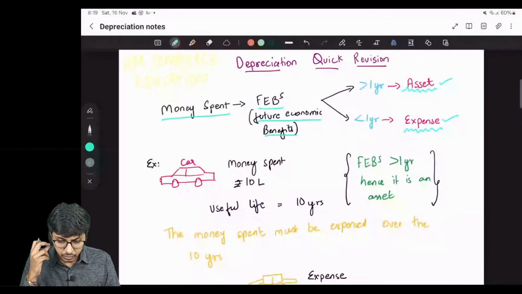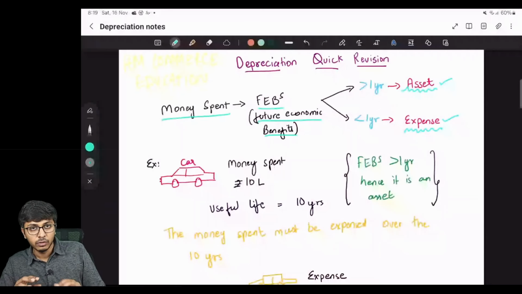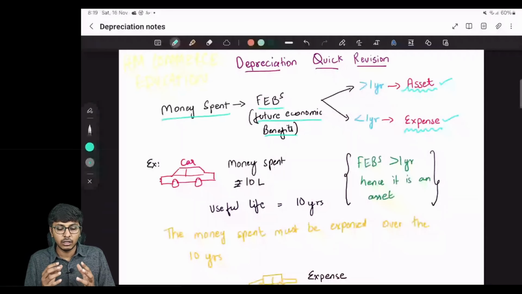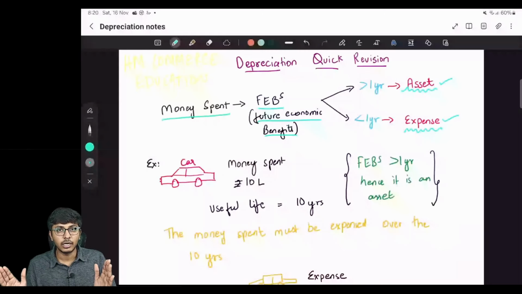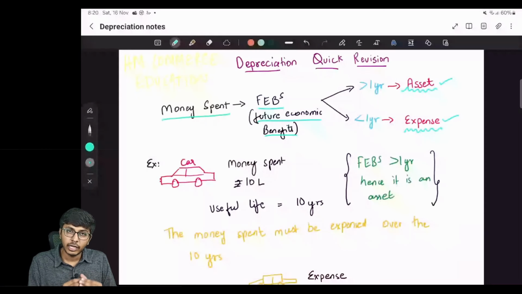Now just see this. For example, we will take a car. Now you bought a car for some amount. How many years can you use it? For example, let's take it as 10 years. You're going to use this car for 10 years. Now you pay 10 lakh rupees on day one.